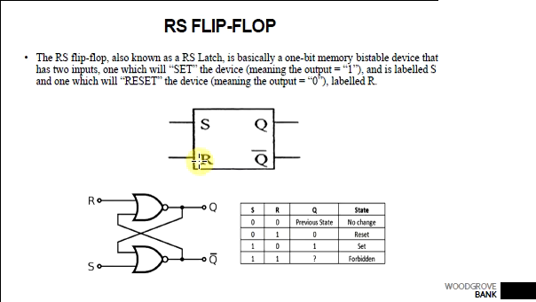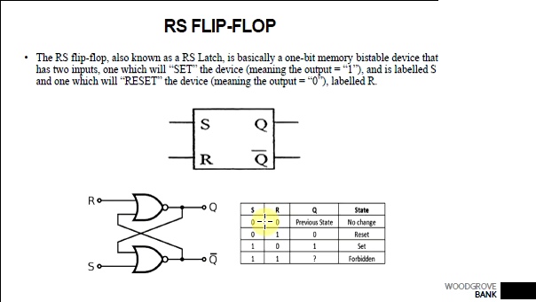The simplest one uses NOR gates, which are cross-coupled. The input of one of the NOR gates is coupled to the output of the other one. Similarly, the output of the first one is coupled to the input of the second one. R and S are the inputs, and Q and Q bar are the outputs.